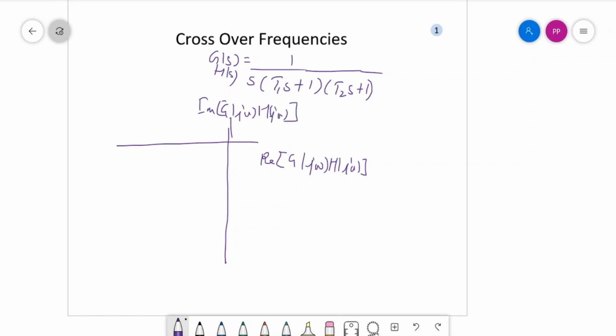So here the polar plot for 1 by s into (tau 1 s plus 1) into (tau 2 s plus 1) should start from omega equal to 0 at infinity, and it should come like this. It will cross the imaginary axis and reach the origin at plus 90 degree.